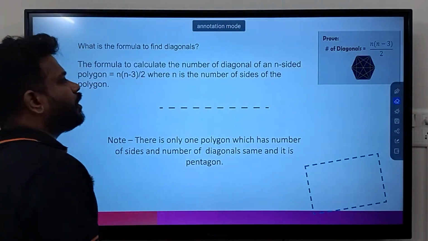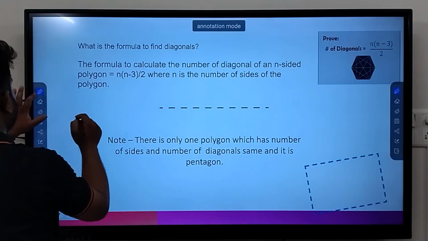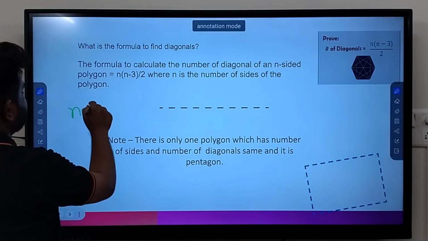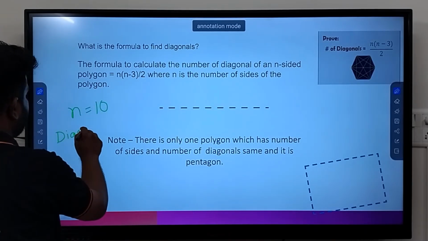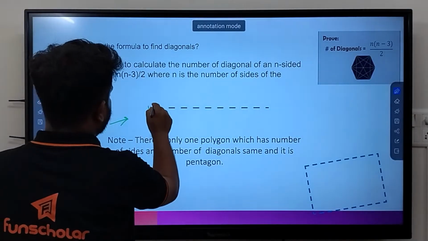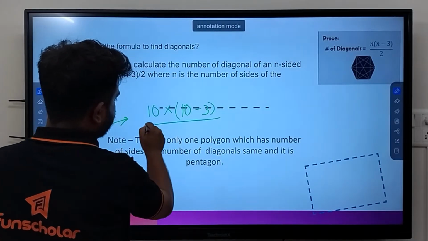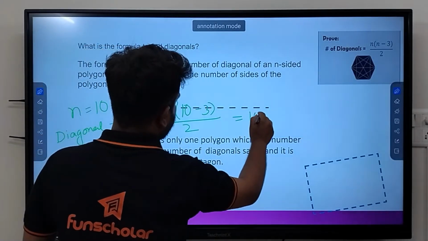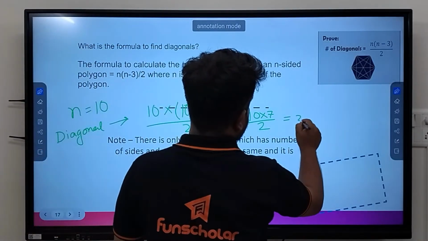Okay, so talking about n, if a polygon has 10 sides, the total number of diagonals of that polygon will be 10 into 10 minus 3 by 2. Okay, the answer will be 10 into 7 by 2, and the answer will be 35.